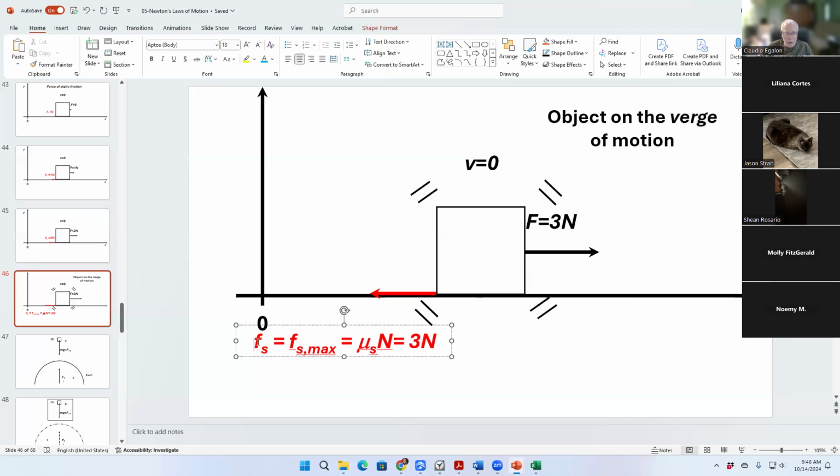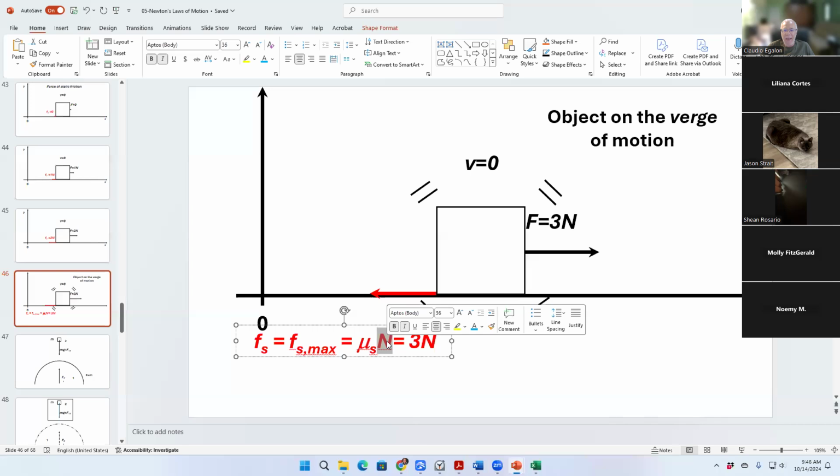At this point, whenever the object is at the verge of motion, the force of static friction reaches a maximum value, which I call the maximum value of the force of static friction. And by the way, every force of static friction is dependent on the normal.